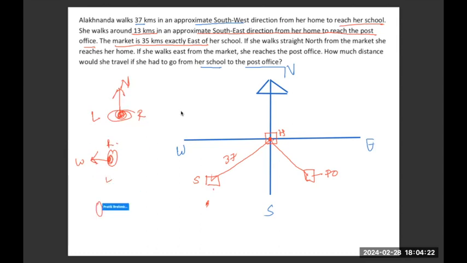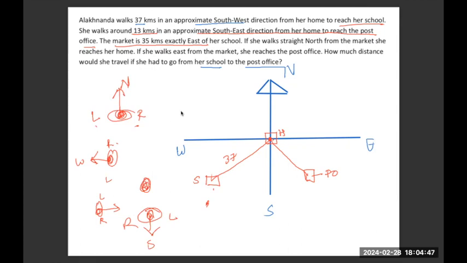If a person is facing east, the left will be here and the right on this side. Further, if a person is facing south, this will be the left and this will be the right. So like I said, left-right position depends on the person's orientation, but the north, south, west, east directions never change.